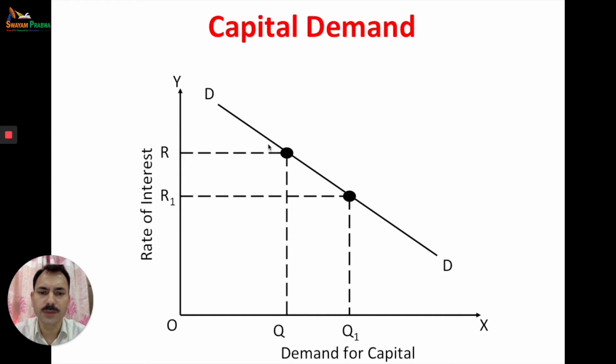The downward sloping demand curve shows the inverse relationship between these two variables. If the rate of interest increases, for example to R2, then the quantity demanded or demand for capital decreases. And as the rate of interest decreases, the demand for capital increases as per the classical theory.